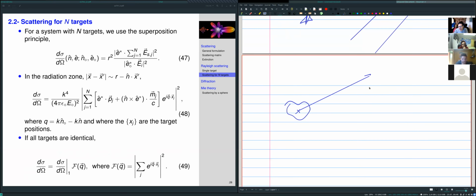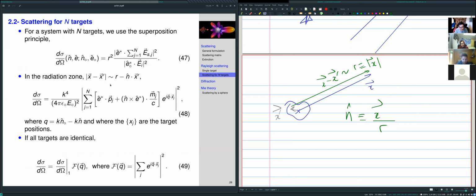And so this thing here is X minus X prime. And you can imagine that this is very close to R, which is the modulus of X. The first correction is given by this term, n dot X prime, where n is the unit vector, X divided by R. So you can work this out.